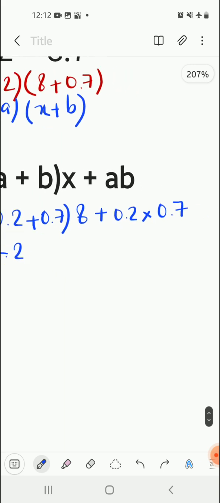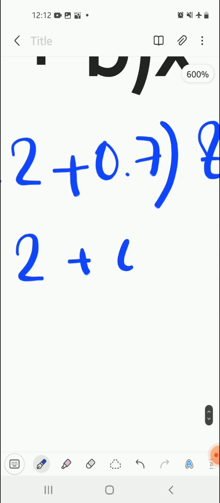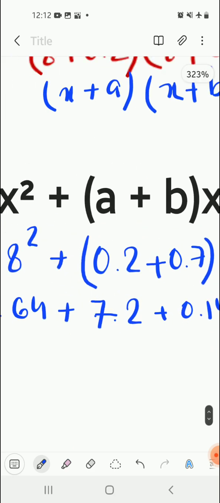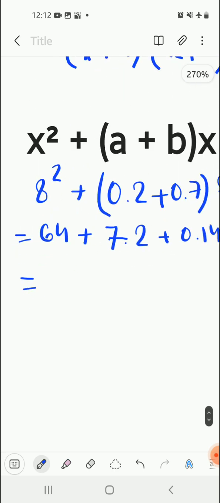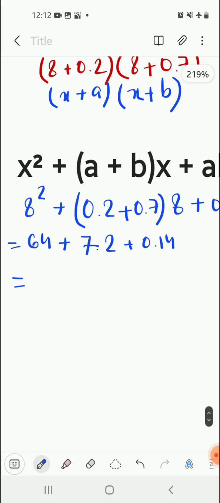After this, we have got 0.2 into 0.7, which is 2 into 7, 14. So we're going to write 0.14, two decimal places. Simply add it. So we have got 64 plus 7.2 and 0.14. So we get 71.34.